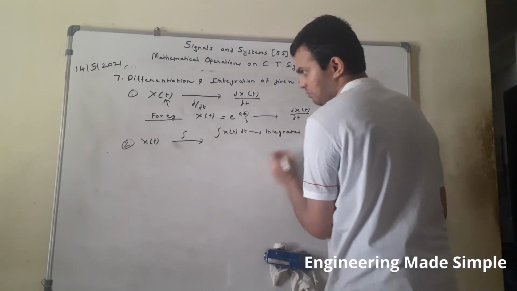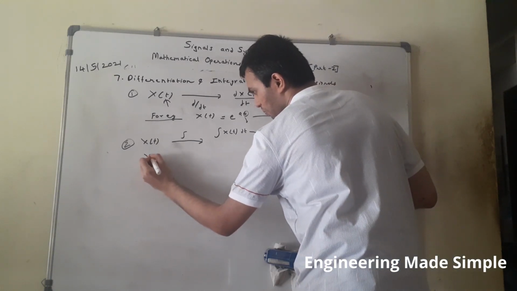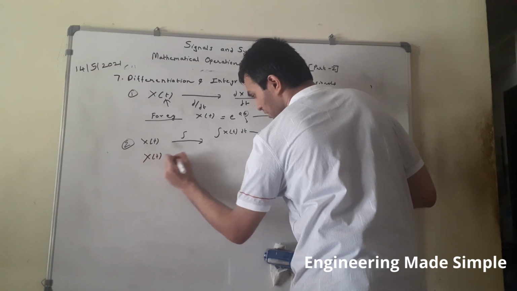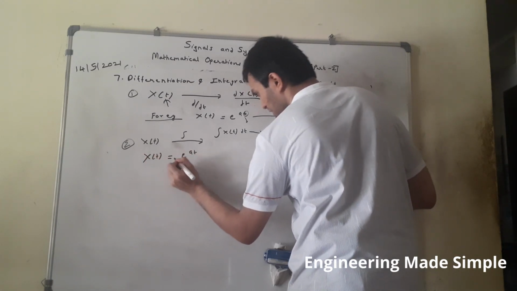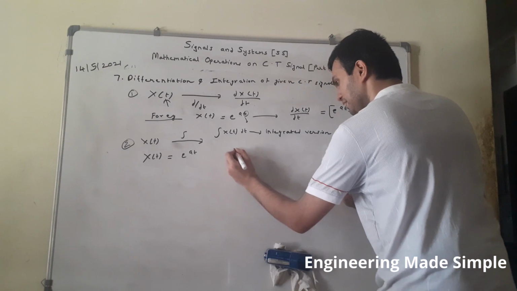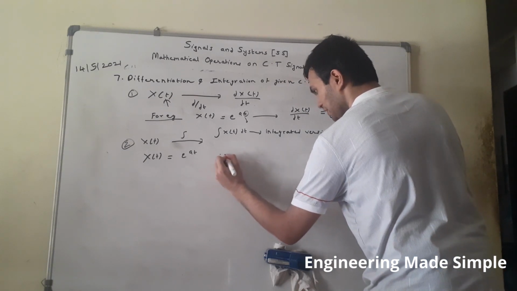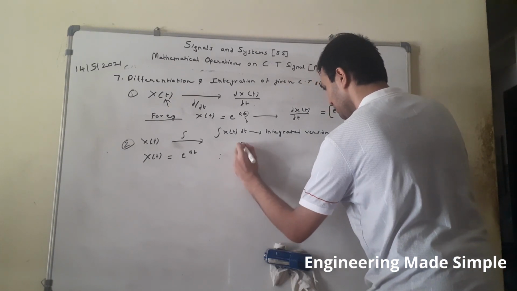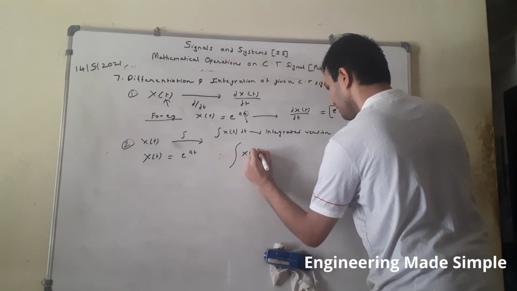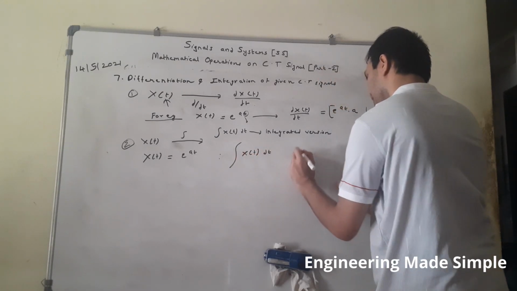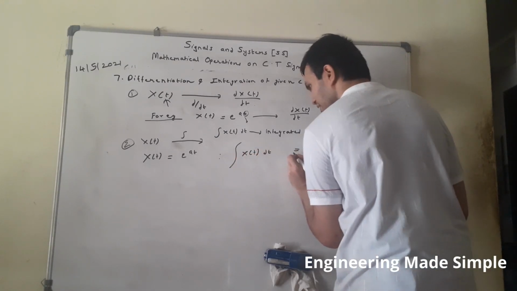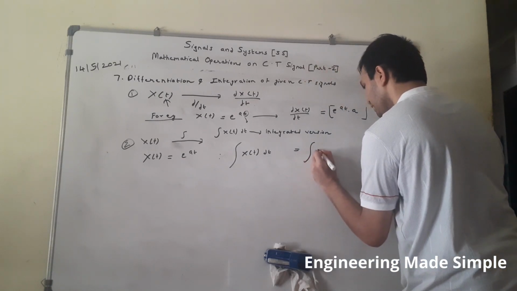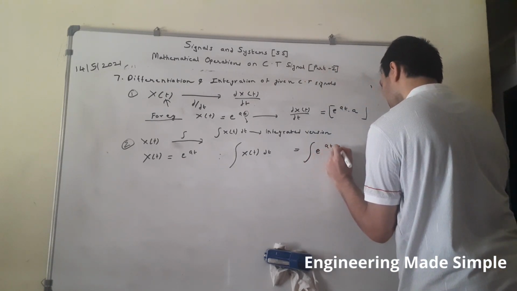Let us take the same signal for integration purposes. Here x of t is equal to e raised to at, and we are supposed to find its integration. What is the value of the signal x of t we have? Integration of e raised to at dt.